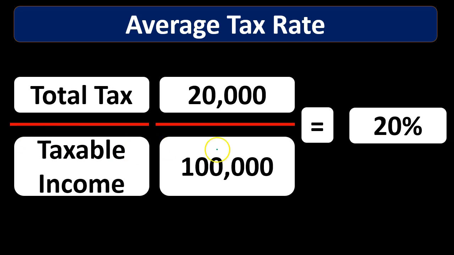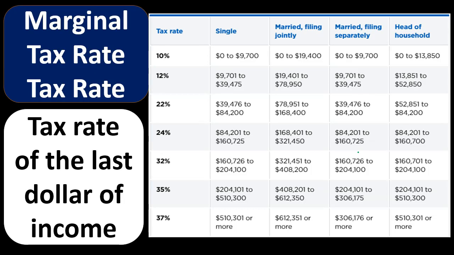We can't necessarily simply use the average, because the average is not at the highest tax bracket. They're already at the highest tax bracket. So if we're thinking about an increase in tax for the next year, we're going to have to use another concept to think about what's going to happen there, and that will be a marginal tax rate.